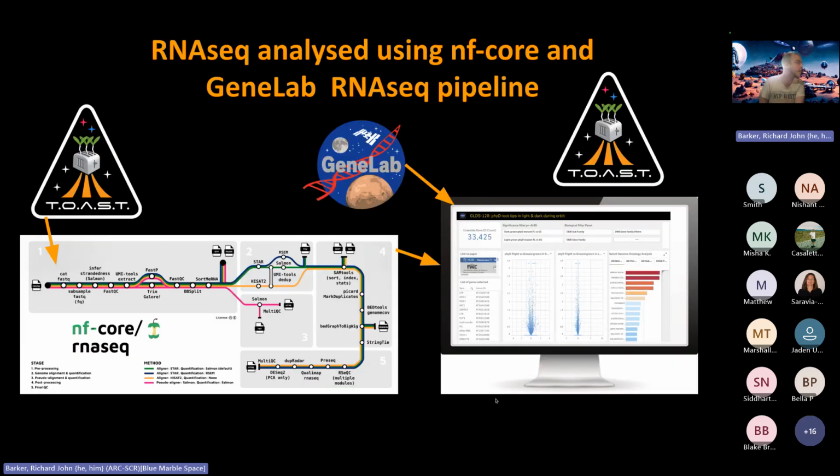Initially, we used the nf-core RNA-seq pipeline as a tool, but we've become enamored with the whole GeneLab pipeline system and analysis system. Essentially, the two pipelines are very similar. What we did was the RNA-seq analysis, then put all the data into an interactive relational database known as TOPST.